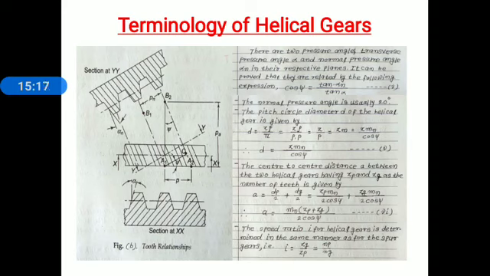Axial pitch, that is p suffix a, is equal to transverse circular pitch divided by cos psi, and that transverse circular pitch, small p, is equal to pi into m, and the normal circular pitch, small p suffix n, is equal to pi into mn. Remember these two relations. Then the relation between three angles, helix angle, normal pressure angle, and the transverse pressure angle, that cos psi is equal to tan alpha n divided by tan alpha.